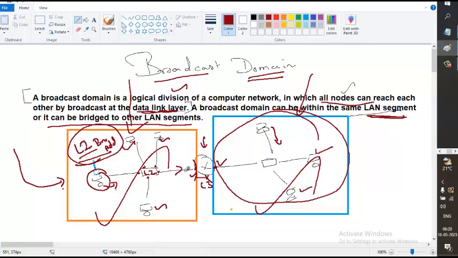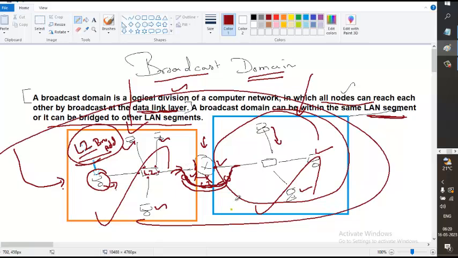If you put this tunnel and send the traffic through this, then the router is hidden. If the router is hidden because you're going through the tunnel, then these two will form one big broadcast domain. That's not needed now.